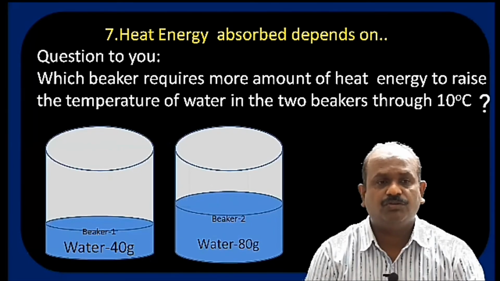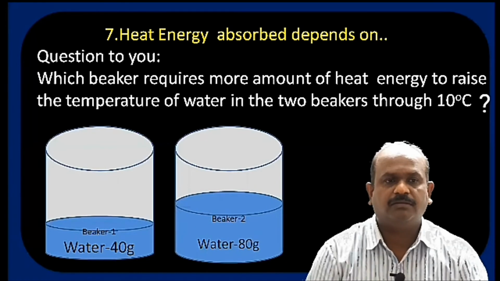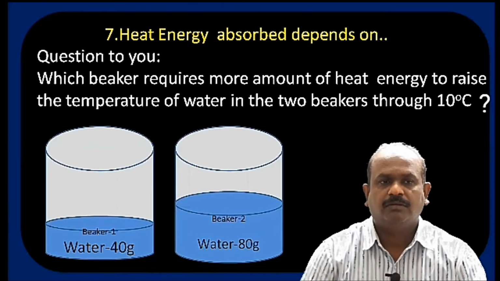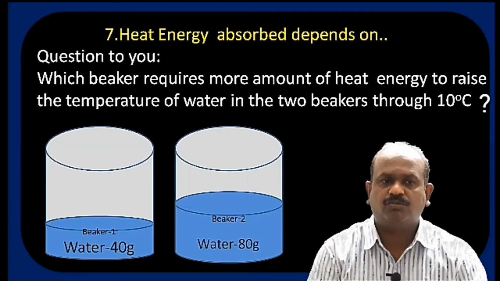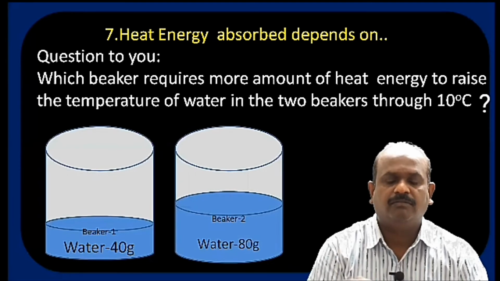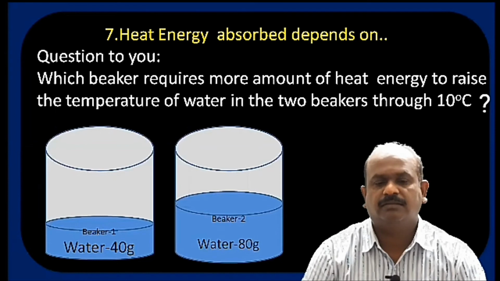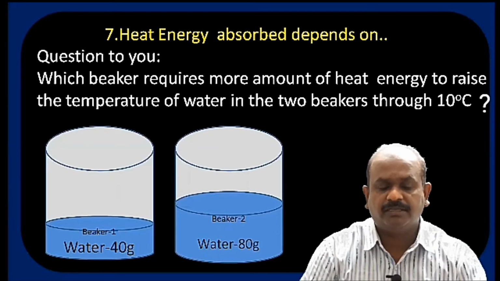How much heat energy do you need to supply to each beaker? Which beaker requires more amount of heat energy to raise the temperature by 10 degrees? It is very clear.